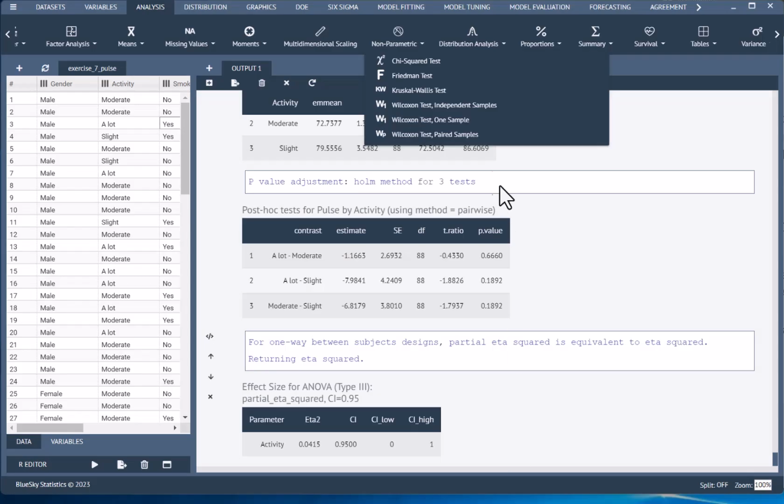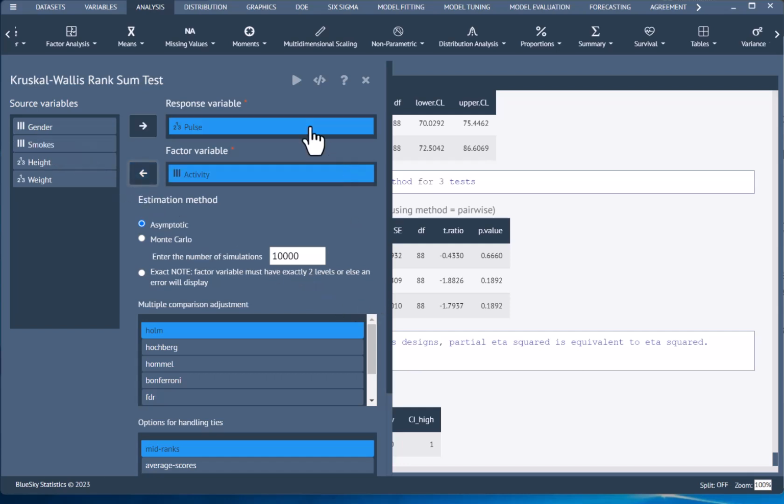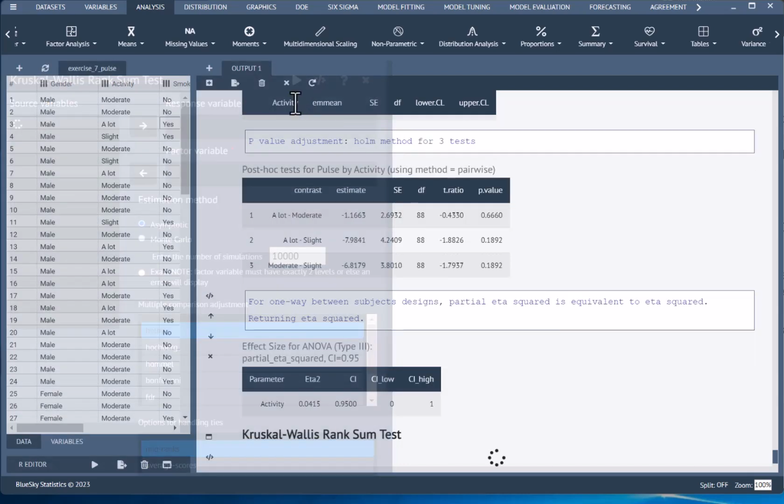And just for kicks, let's also look at the Kruskal-Wallis test, which we were told we could use if there was significant non-normality or variances were not equal. So click on that. The response variable would be pulse. Factor would be activity. And we'll execute the dialog.